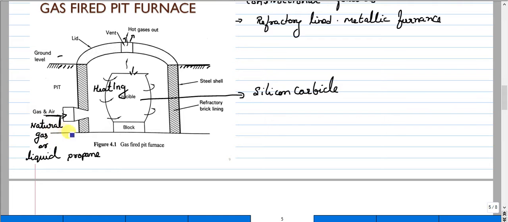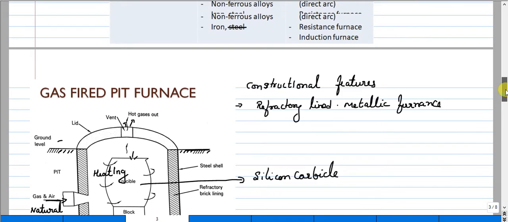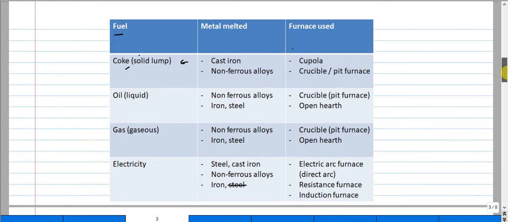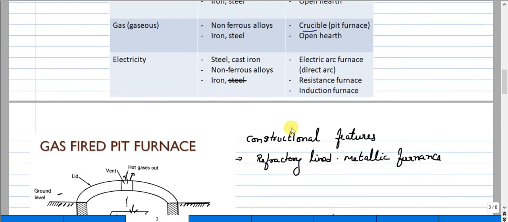When it is heated, the flame will be created. The flame further heats the crucible as well as the ingot or the charge inside the crucible, and it will melt. So if you see the classification, in gaseous it can be used to melt non-ferrous alloy, iron or steel. The furnace used will be the crucible or pit furnace.